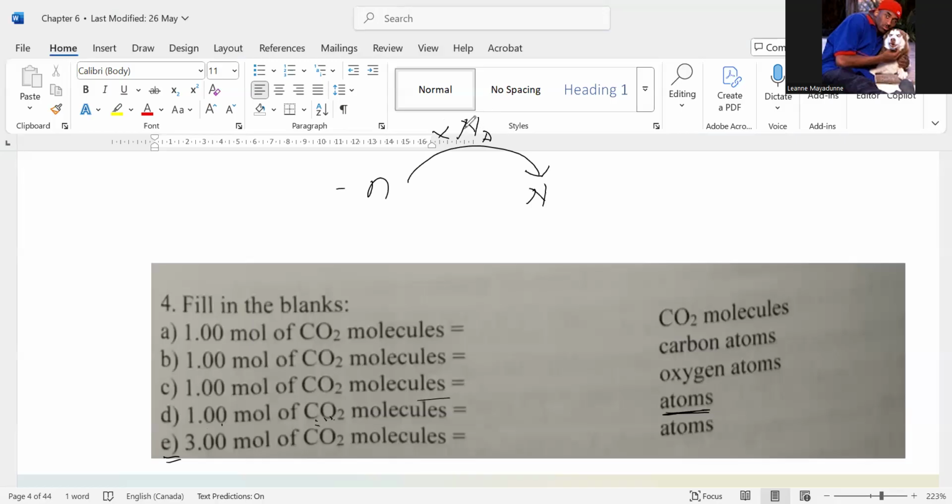So here you have moles and here you have molecules. Here you have moles, here you have atoms. So that's the reason they have specified that it is molecule, so that you know the conversion to the atoms.